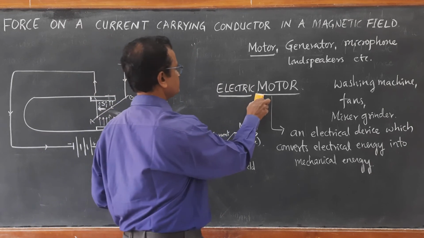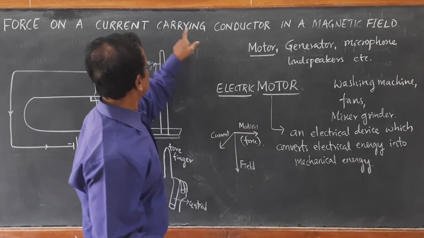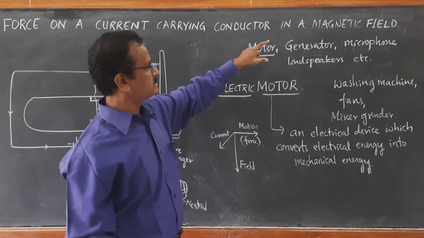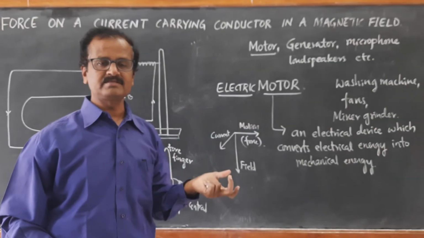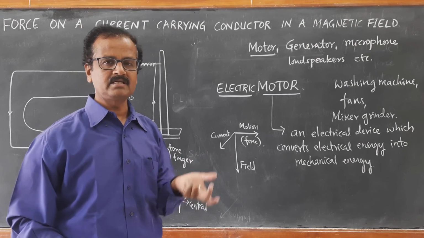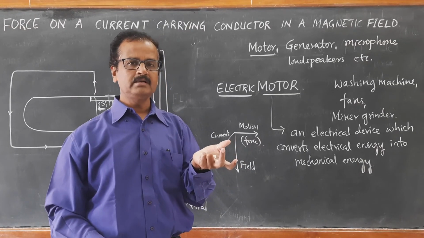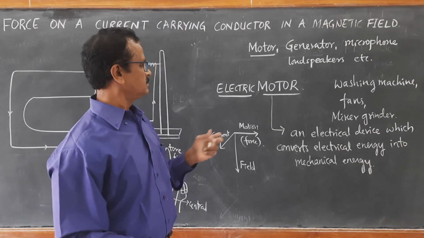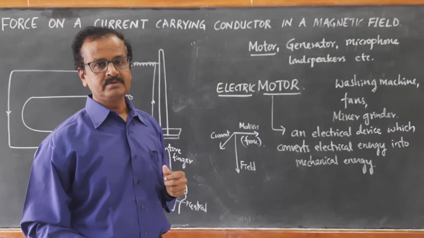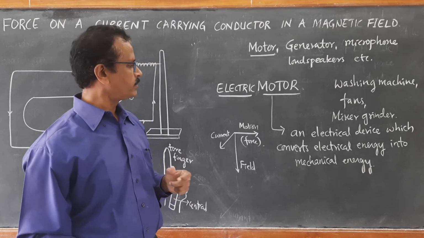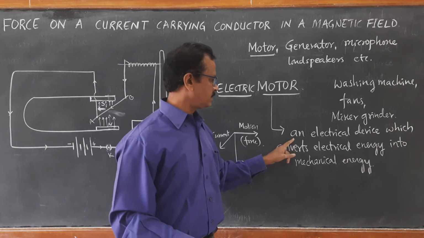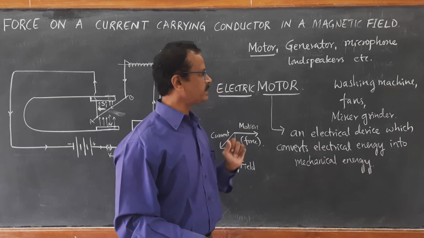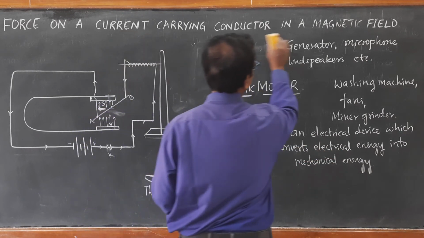The main principle is that a current carrying conductor or current carrying coil placed in a magnetic field experiences a mechanical force, as a result of which the current carrying coil starts rotating in the magnetic field, and thus that becomes the principle of the electric motor. I think you got the point. What is an electric motor? An electric motor is an electric device which converts electrical energy into mechanical energy. What is the principle of an electric motor?